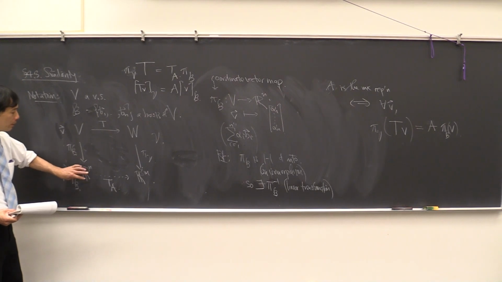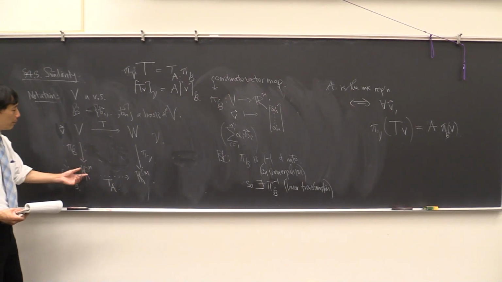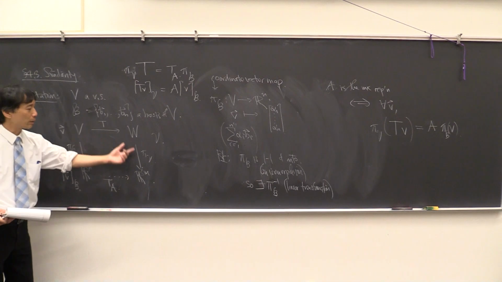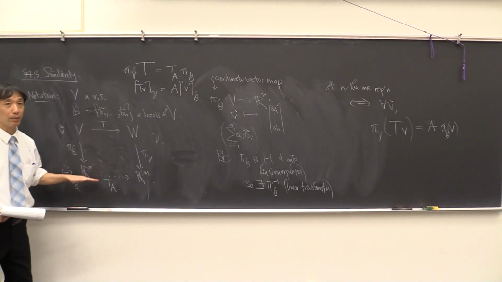But because these maps are isomorphisms, we can actually go from here up to here and then across and then down, and that would be the same thing as this.